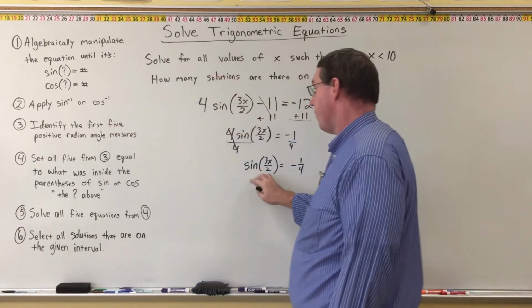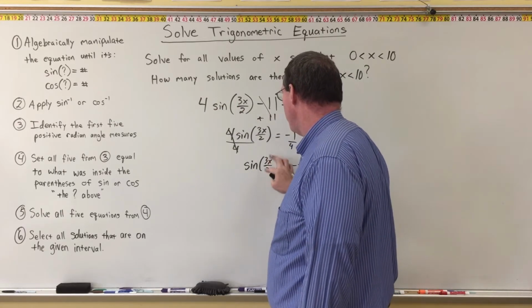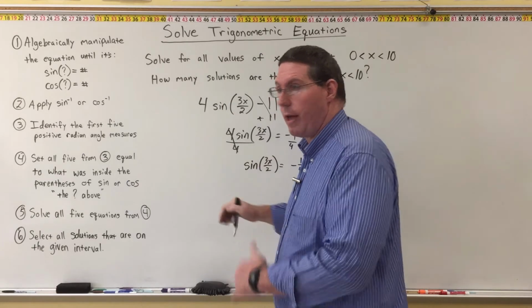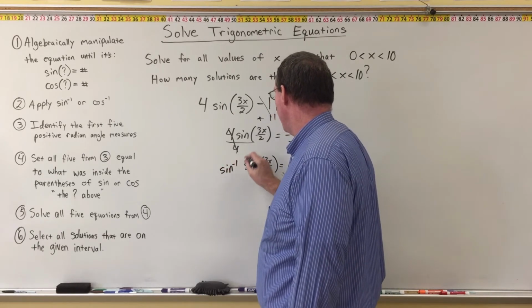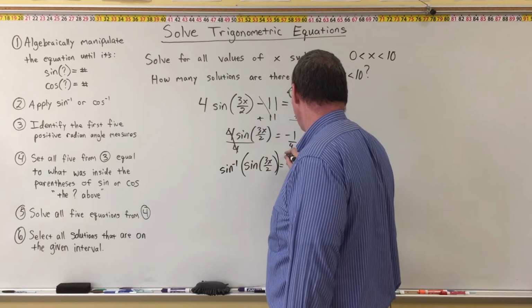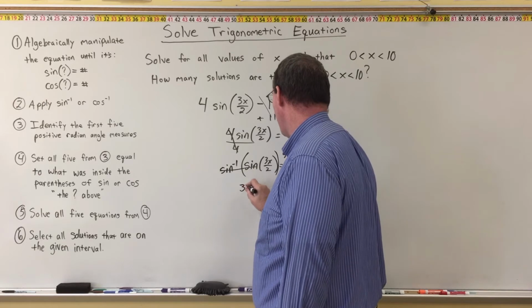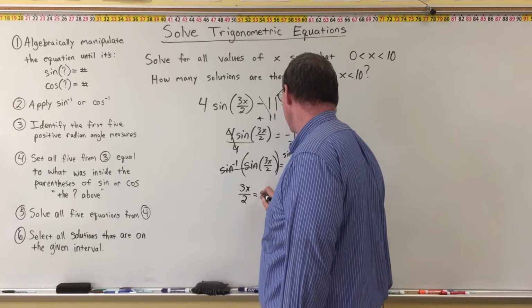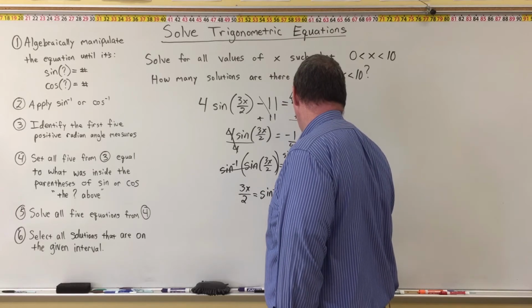Well, I'm going to apply sine inverse because this is a sine function. And here's my angle measure, 3x over 2. I'm going to leave the 3x over 2 as 3x over 2. I'm not going to mess with that. I'm just going to do sine inverse here, and sine inverse over here. I'm going to cancel sine here, and I get 3x over 2 is equal to sine inverse of negative 1/4.